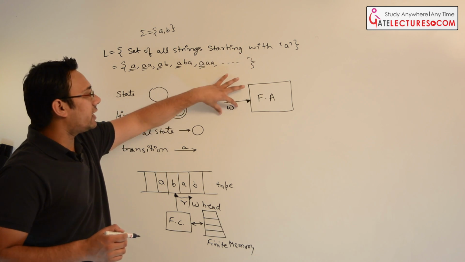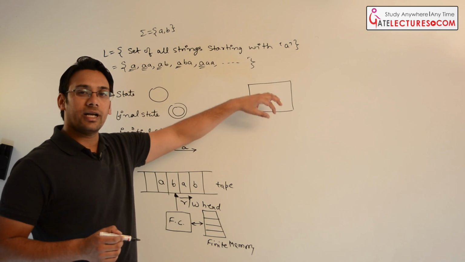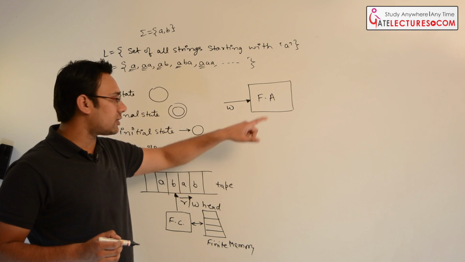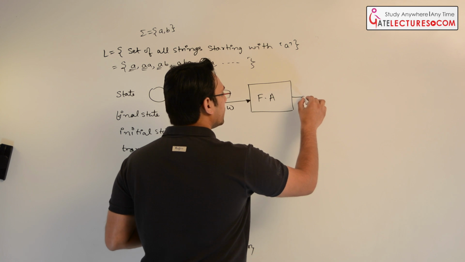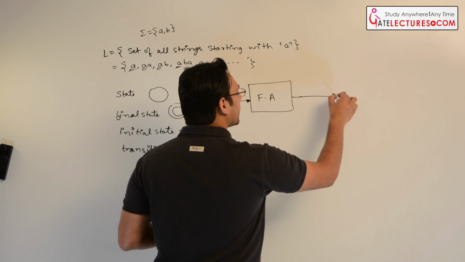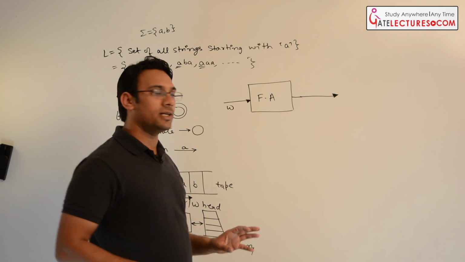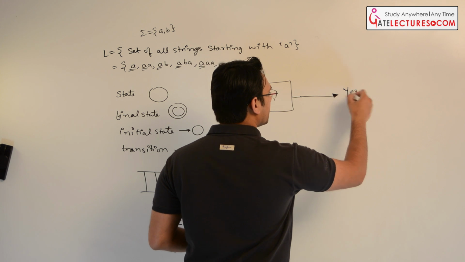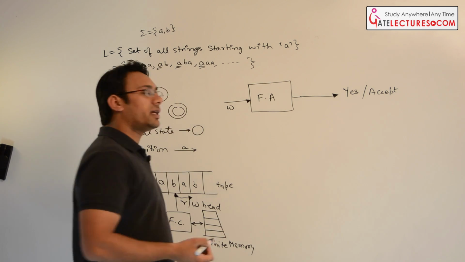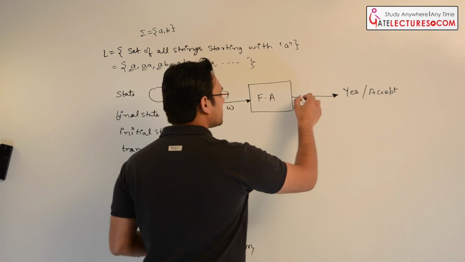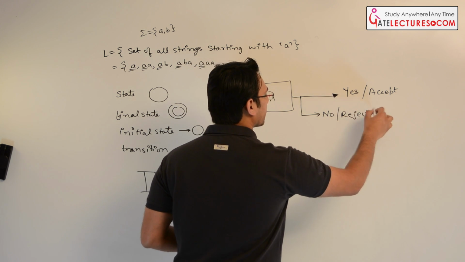To this finite automata, if we give a string of this language, then this finite automata is going to make transitions according to the symbols in the string, and after reading the complete string, the finite automata can be at the final state. So if the finite automata is at the final state, that means the string is accepted, or if the finite automata is not at the final state, that means the string is rejected. That means the string is not present in that language.